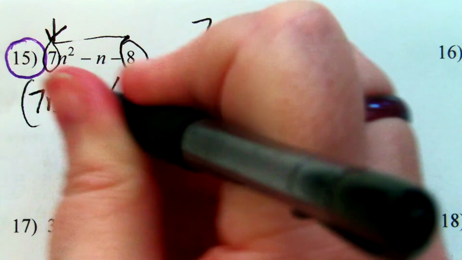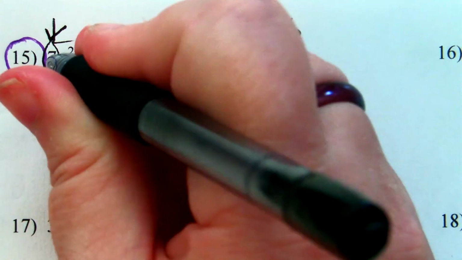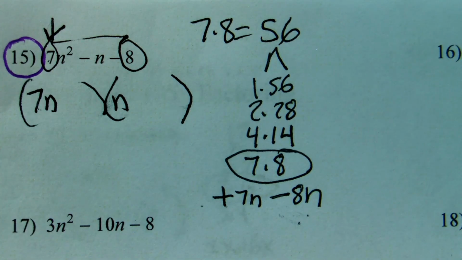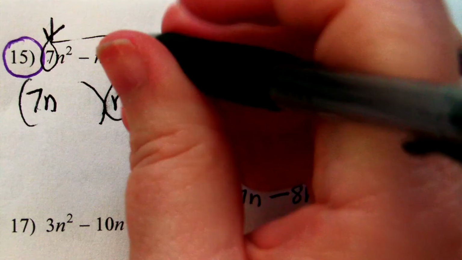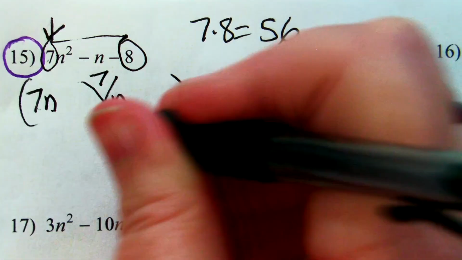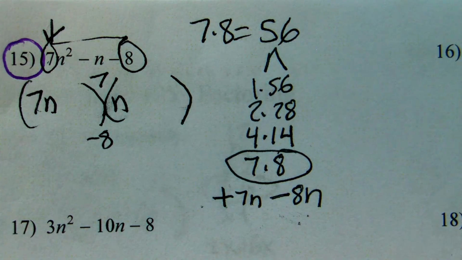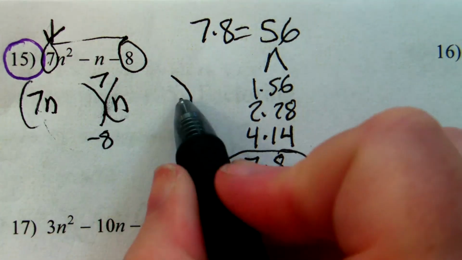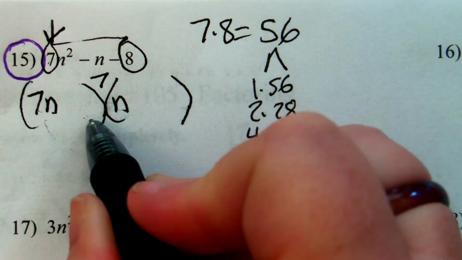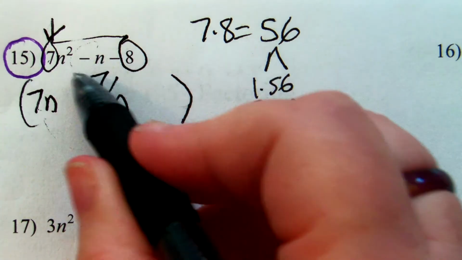You do 7n times n gives you 7n squared. And then I do this. And remember, you can factor however you know how to factor. But I put 7 here and negative 1 here to remind me that this term minus this term gives us the negative 1n.